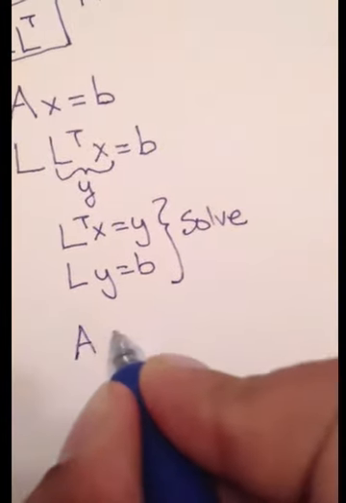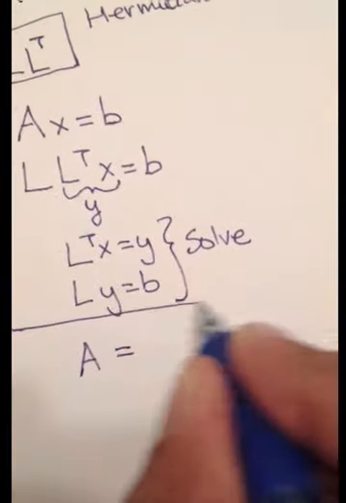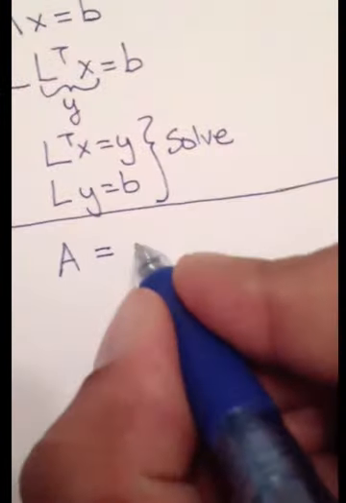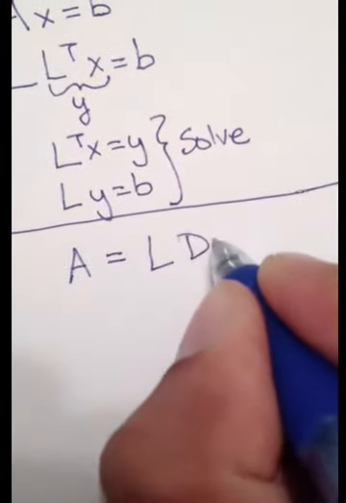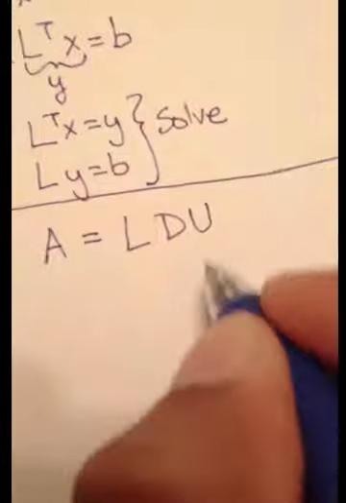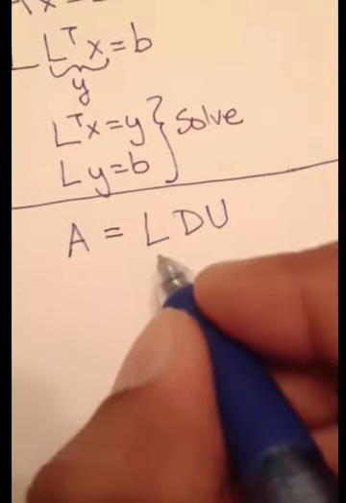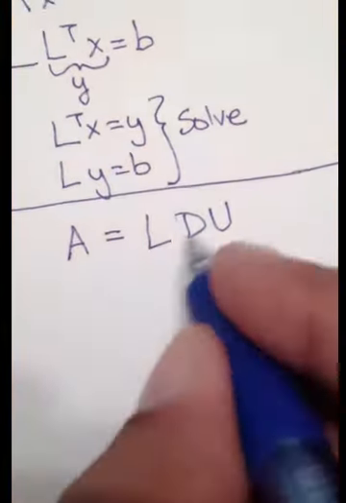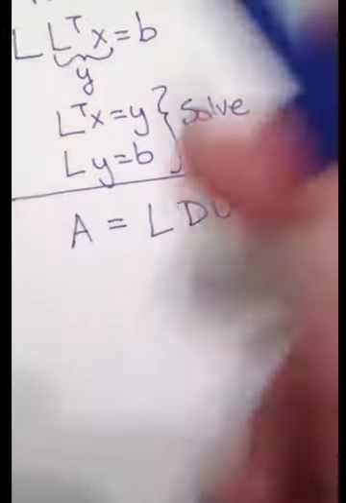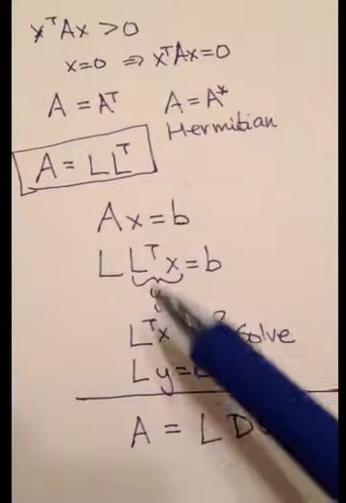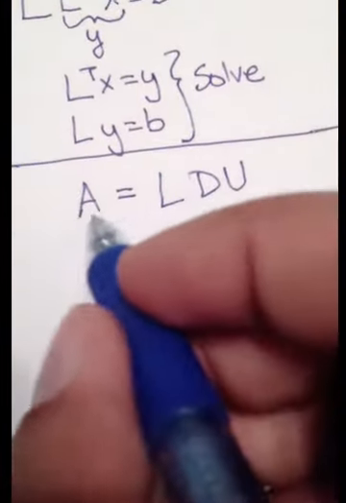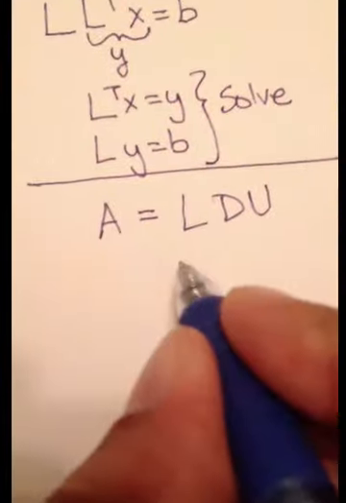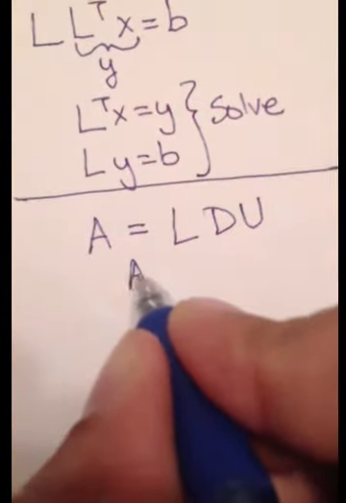We know that for a matrix A which is symmetric, positive, definite, we have another factorization called the LDU factorization, which says that we can factor this matrix into a lower matrix, a diagonal, and an upper matrix. And these are positive matrices, since we are positive definite.